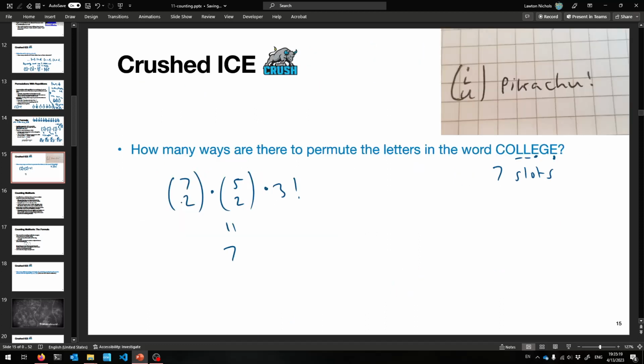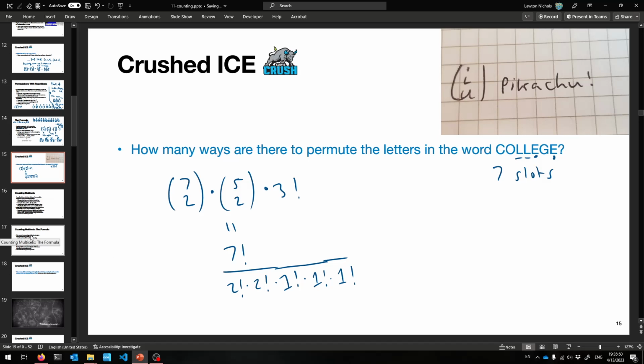So 7 factorial over, well, there's 2 duplicates for the L's, 2 factorial, and then there's 2 duplicates for the E's, so that's 2 factorial, and then there's 1 C, so 1 factorial, times 1 factorial for the 1 O, and then there's 1 G, so times 1 factorial one last time. All right, that's all. So those are going to be equivalent, whichever way you want to think about it. They're both supposed to work.